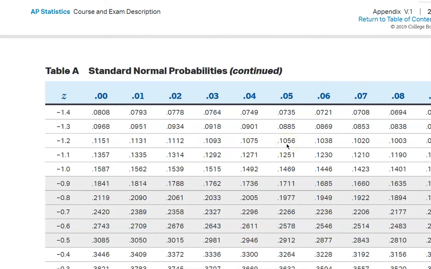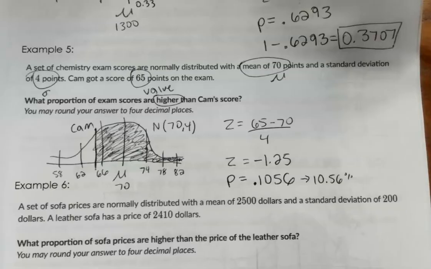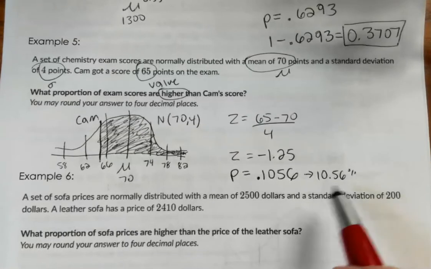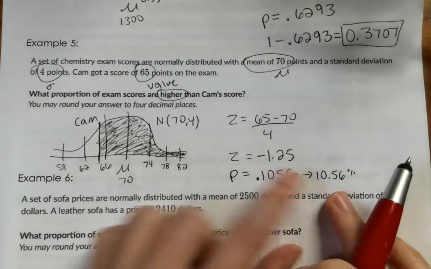So I have a P is equal to 0.1056, which is the same thing as 10.56%, right?